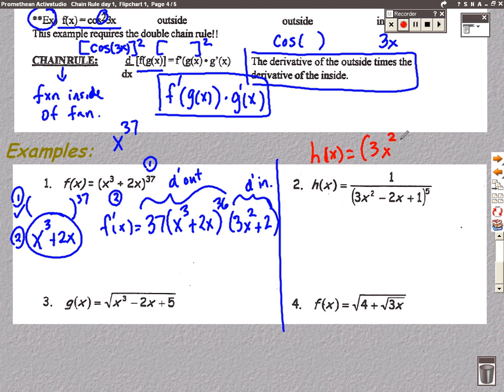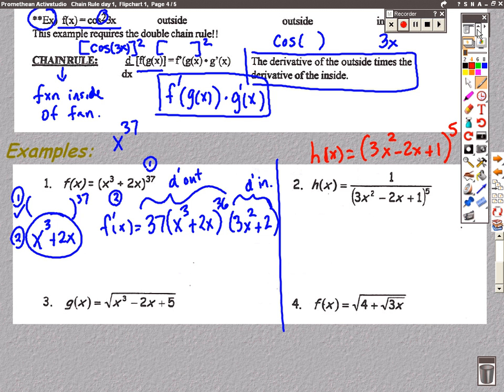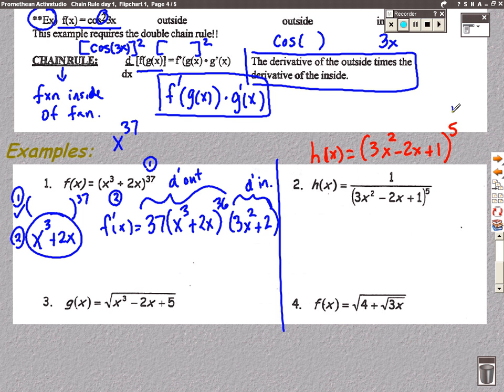We get 3x squared minus 2x plus 1 to the negative 5. Right, so in this function, the power is on the outside, and then we have a polynomial, or a quadratic in this case, on the inside. So we deal with the outside first, and since this is a power, we're going to deal with it using the power rule. And that's to the negative 5.